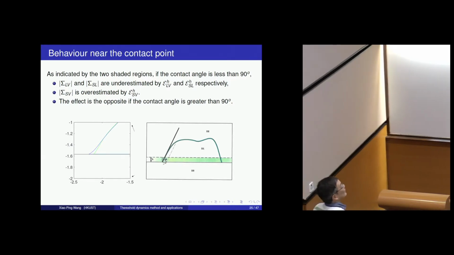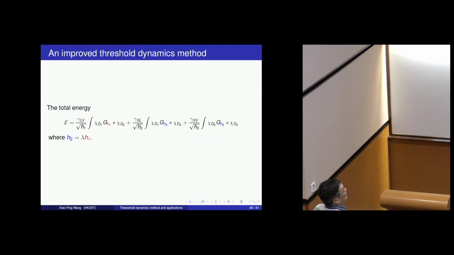To correct that, instead of choosing the same H for the heat kernel, you can choose different ones. You allow H to be different for different terms.